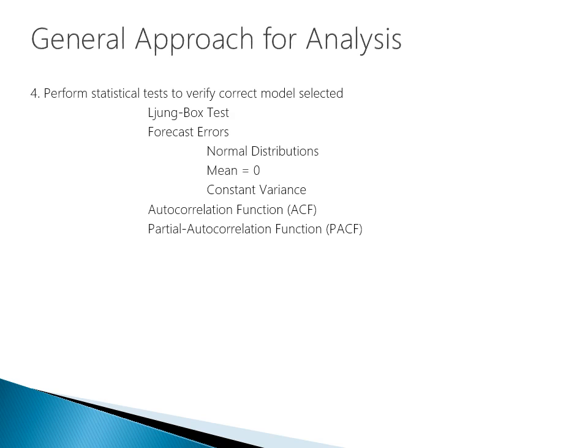Afterwards, we're going to perform some statistical tests to verify that the correct model has been selected. Okay. We'll use the Ljung-Box test. We'll forecast the errors, making sure that our distributions are normal, we have a mean of 0, and a constant variance, which we had talked about in previous lectures.